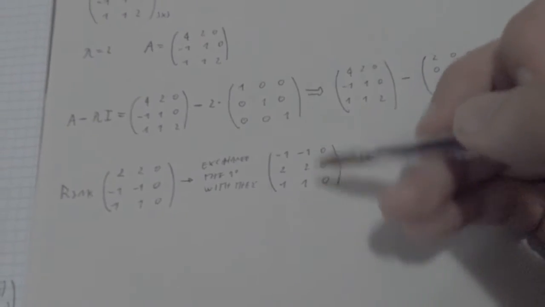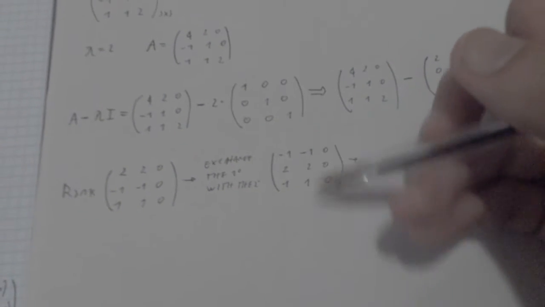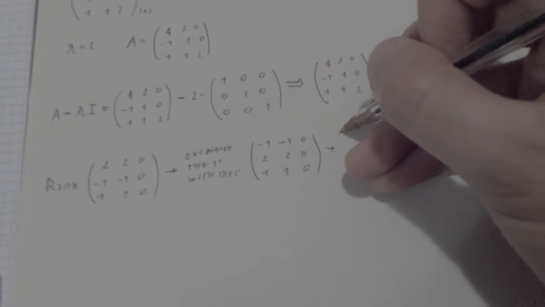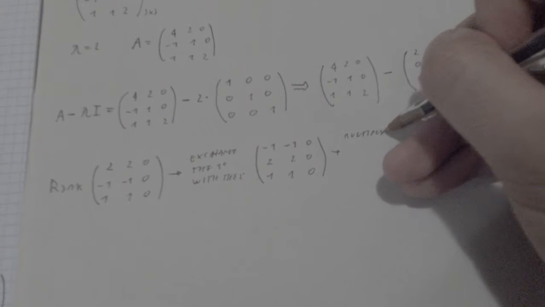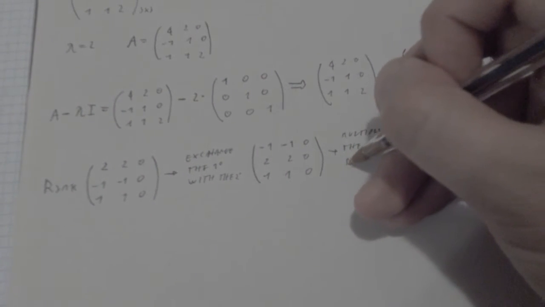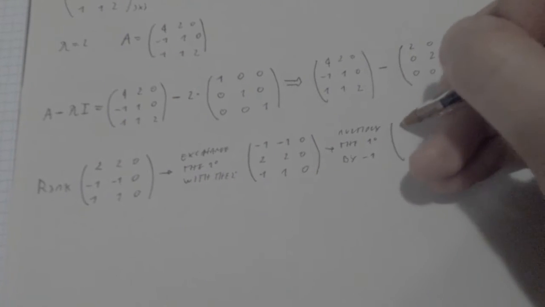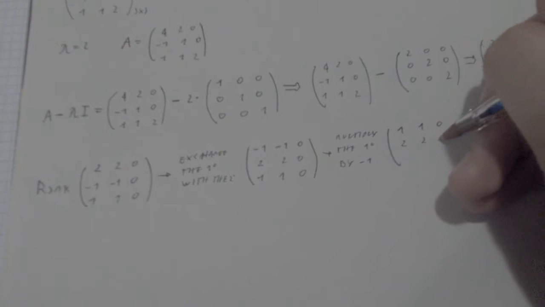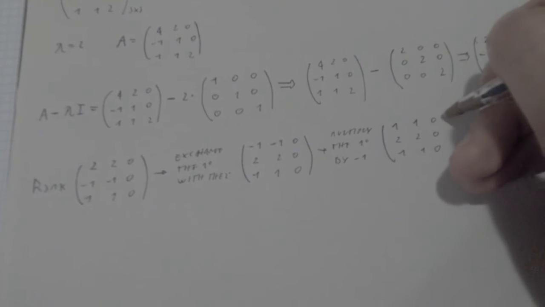And we can already see that they're linearly dependent. So I'm going to multiply the first row by negative 1, which becomes 1 1 0, 2 2 0, 1 1 0.